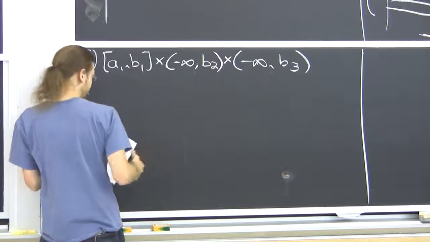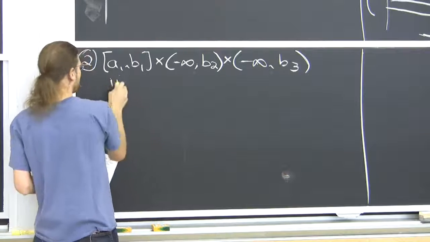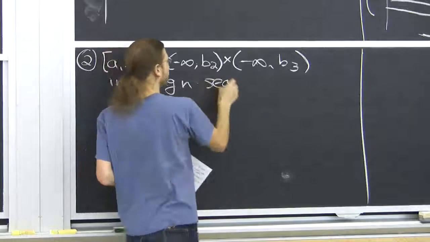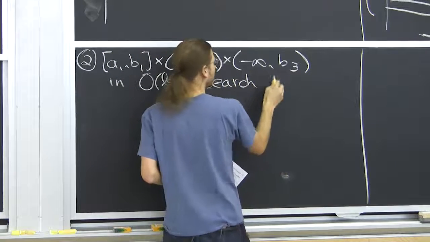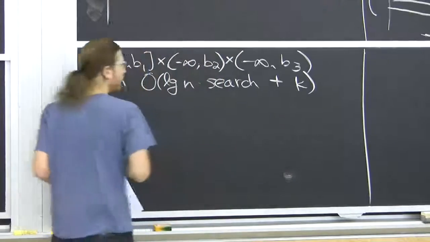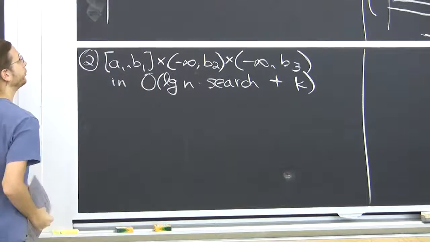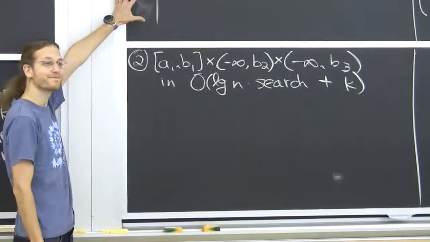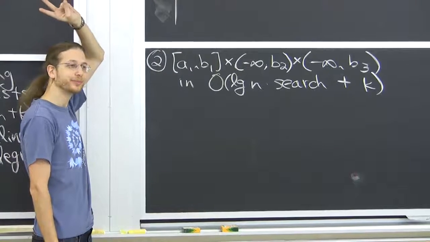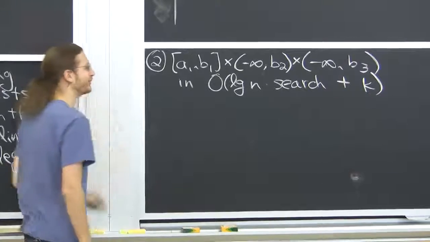Okay, I want to do this in log n searches plus k. K is the size of the output. How do I do this using 1? 2 words. Range tree.